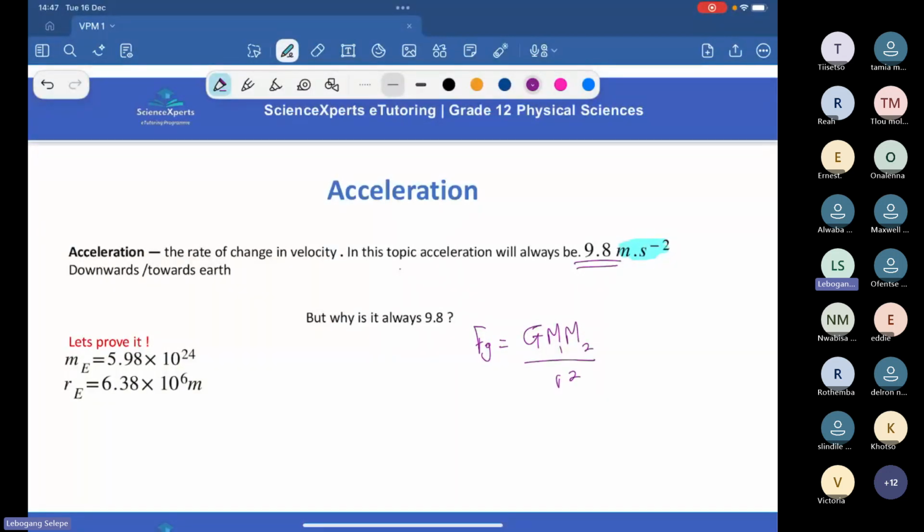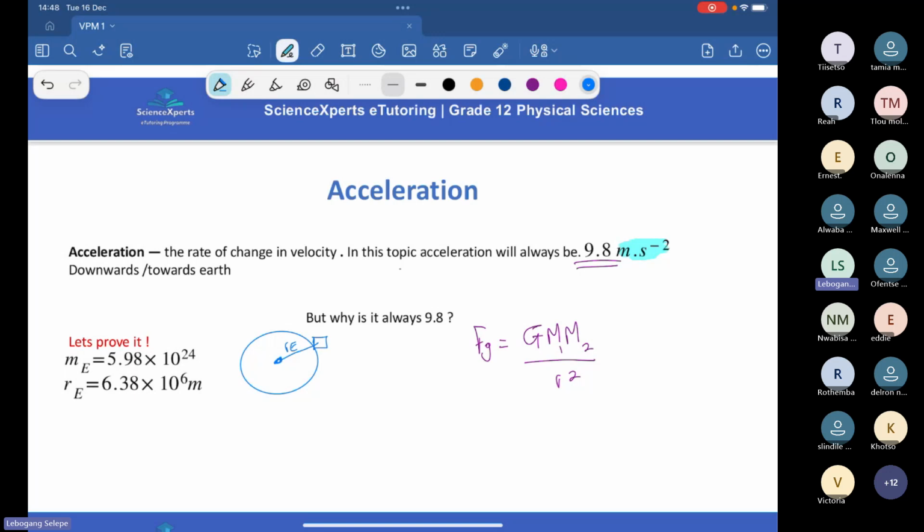So now let's take a look at an object and Earth. Any object and Earth. This object is on the surface of Earth, so the distance between the object and the center of the Earth would basically be the radius of the Earth. Do you guys get it?